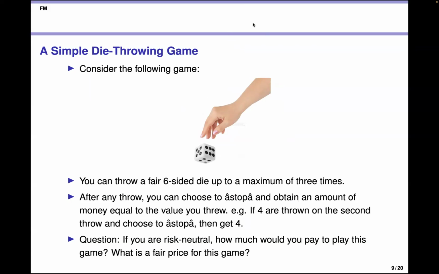Do you like to play games? Maybe you know this game. You can throw a fair six-sided die up to a maximum of, for example, 3 times or 2 times. But first, the rules for this game.